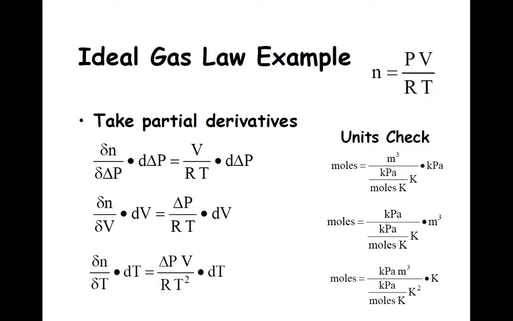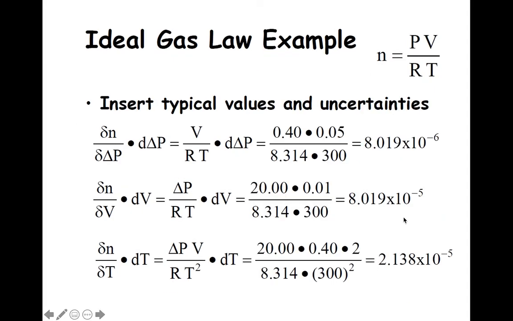This slide shows the partial derivatives for the variables with uncertainty, delta P, V, and T. Again, a unit check can help to confirm that you did the derivatives correctly. By inserting the given values, we can calculate the first order terms. If we compare the three terms, we can see V and T, both with a magnitude of 10 to the power minus 5, have a much bigger impact on the final uncertainty result.